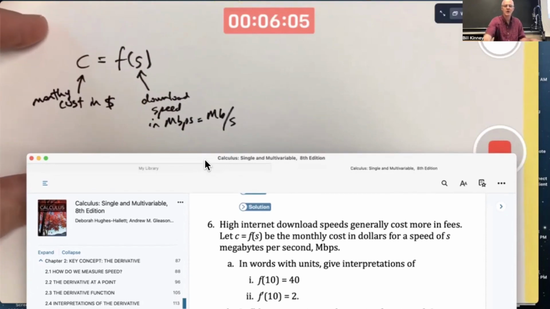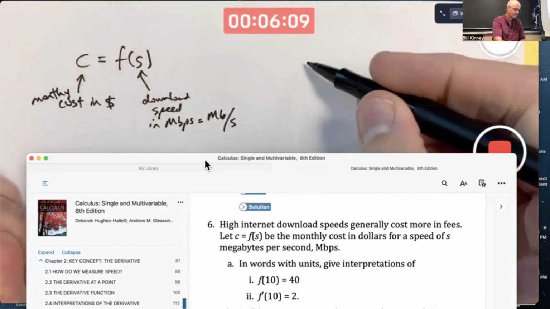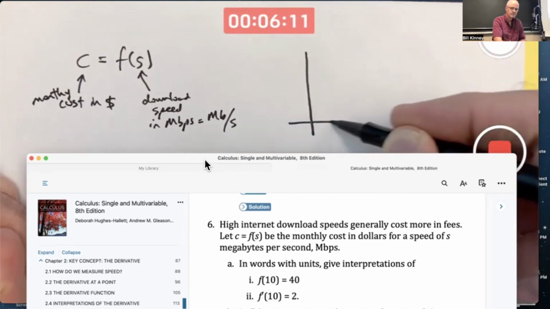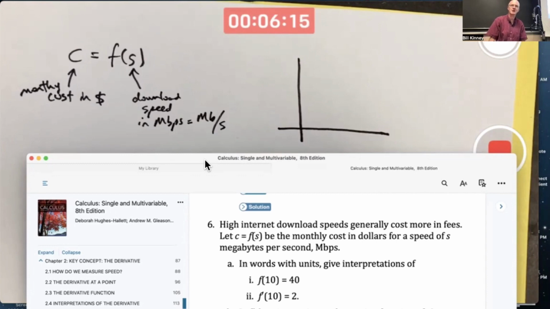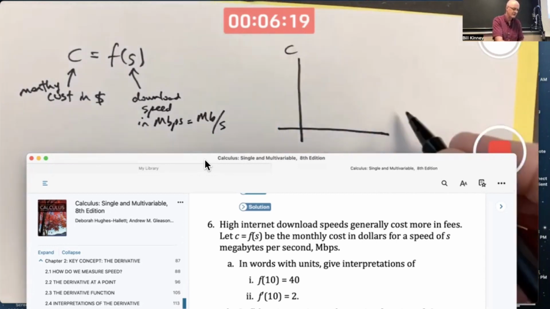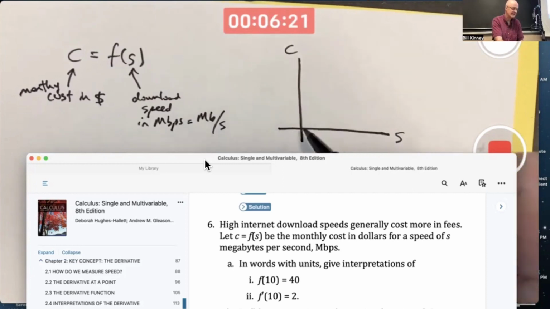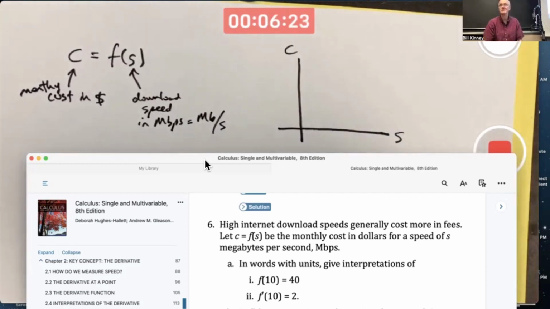Let's also draw a graph, even though it's not requested. Now, it's very possible that you could have an internet service whose cost as a function of download speed is a linear function, a straight line. Is that always what happens? I don't know.